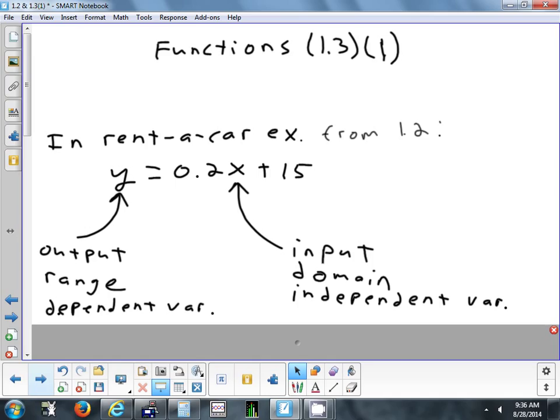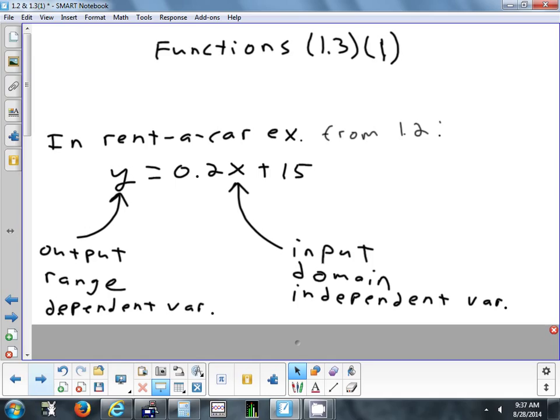Sometimes people have a little trouble figuring out what's independent and what's dependent. What I usually do is I just read the word problem two different ways and figure out which way makes more sense. So I could say, does the number of miles I drive depend on the cost? Or does the cost to rent the car depend on how many miles I drive?